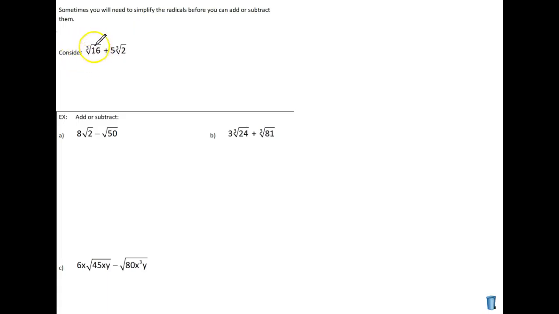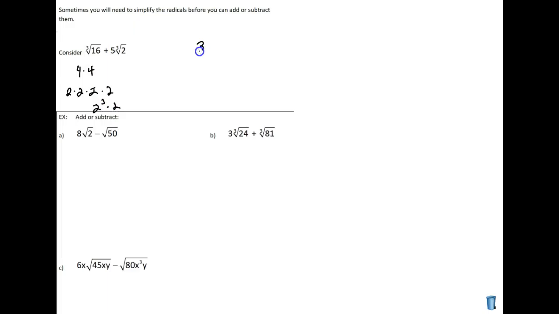So I'm looking for perfect cube factors. Remember, when all else fails, you can find the prime factorization of 16, and we can find our perfect cube factors there. So this is 2 times 2 times 2 times 2, or in this case 2 to the third times 2.